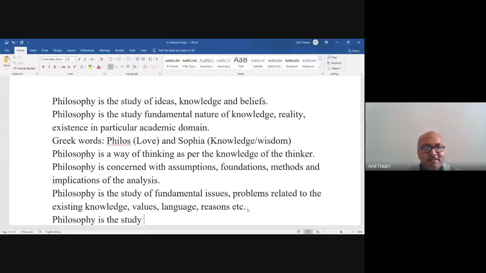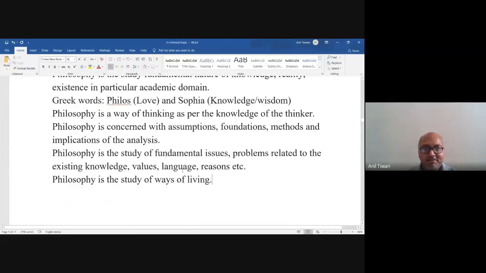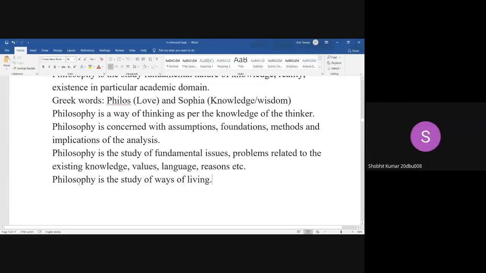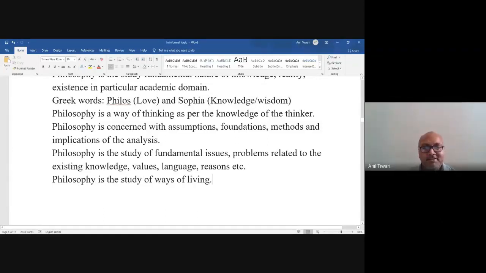So you are suggesting additionally that philosophy is the study of basic things, of ways of living. What you said, basic things, is covered under what we say fundamental issues. Yes, sir. Fundamental and basic are one and the same. So you have connected philosophical study to the pattern of living or ways of living.